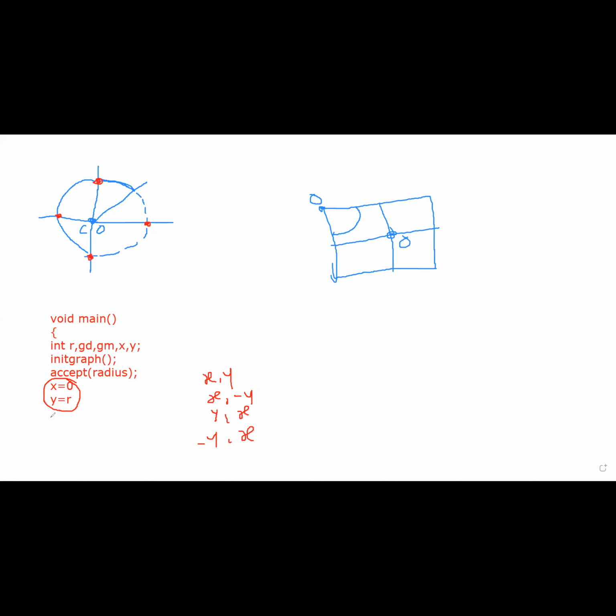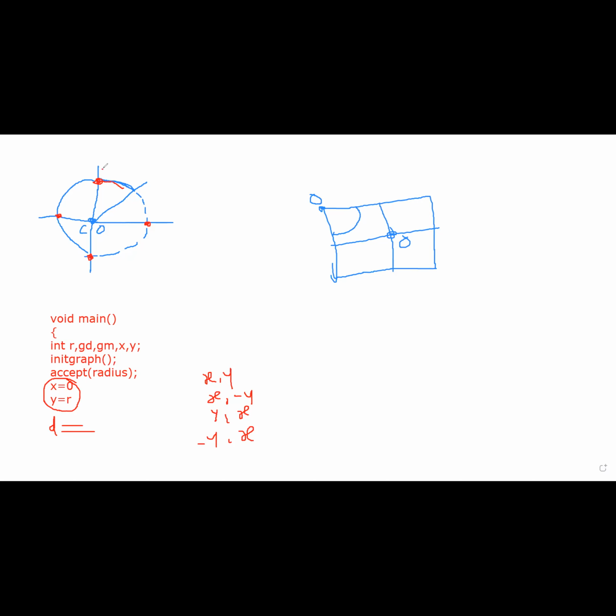Now once x and y have these values, my next job is to calculate the value d. What is d? d is the variable based on which you check whether to move horizontally or diagonally down. In both cases, x is going to increment.